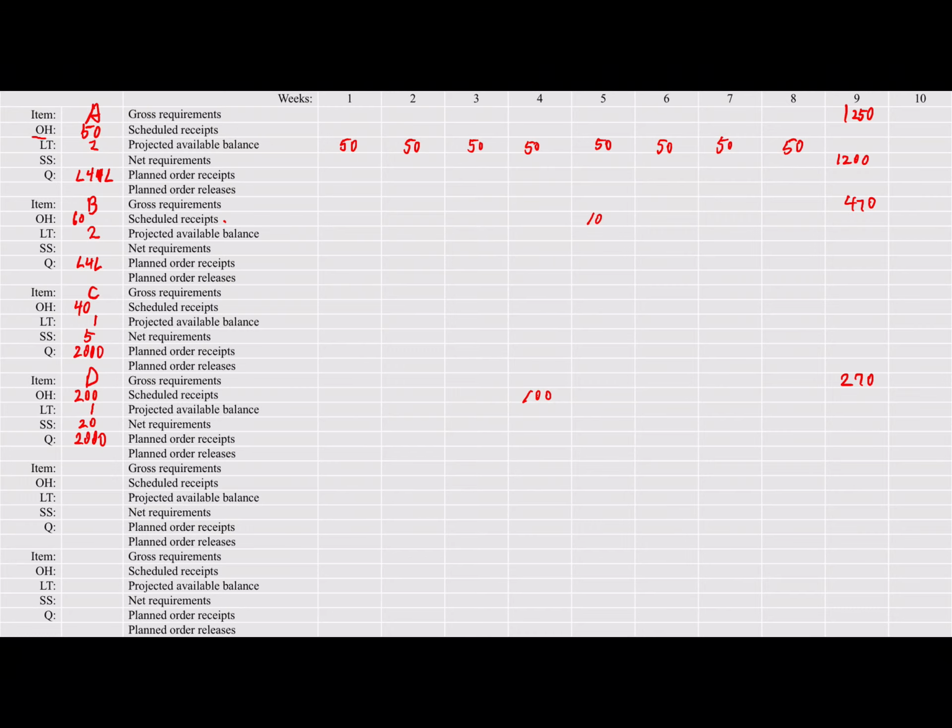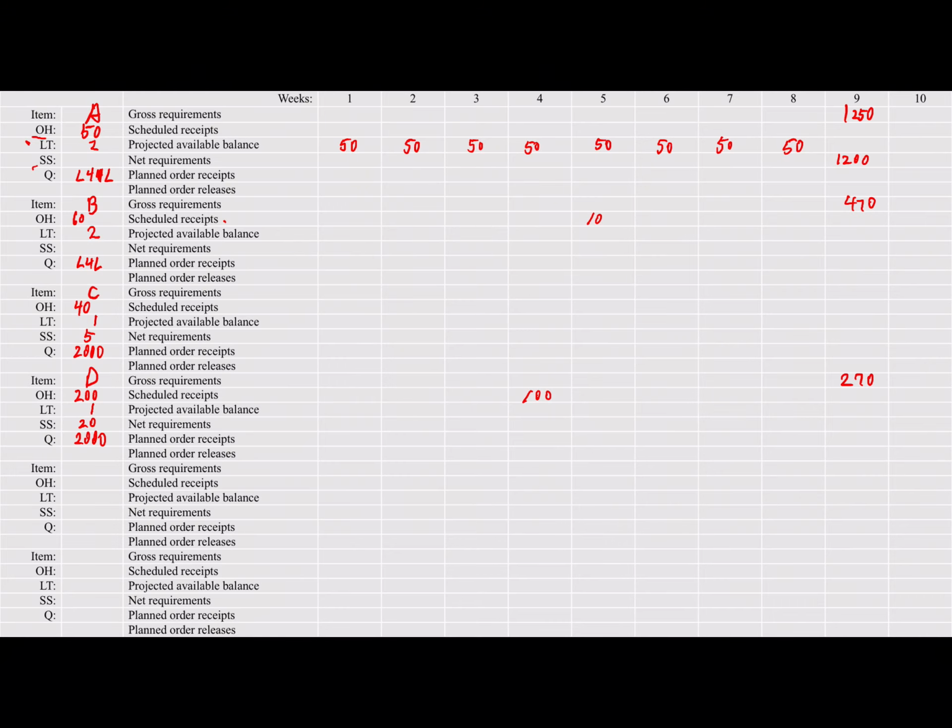Okay, I'm short of 1200. What should I do next? Well, I need to order it before week 9, so the enough parts will arrive in week 9. Then when should I order? Let's look at the lead time for A. Lead time for A is 2 weeks. And the quantity for A is lot for lot.